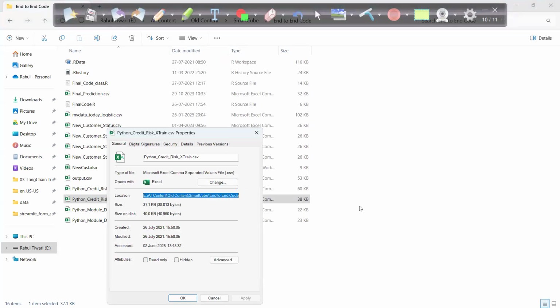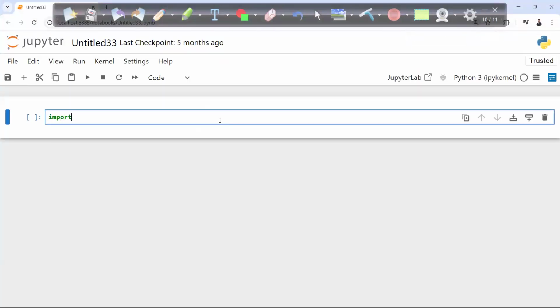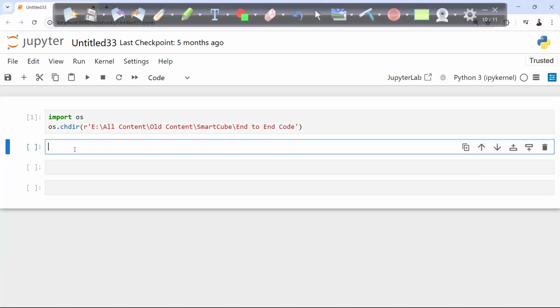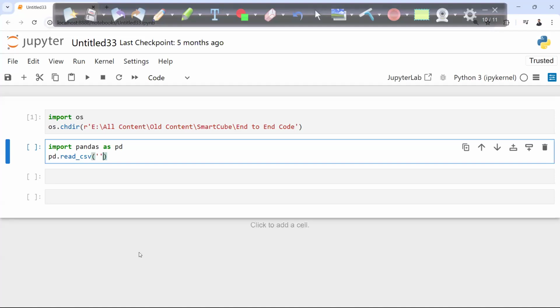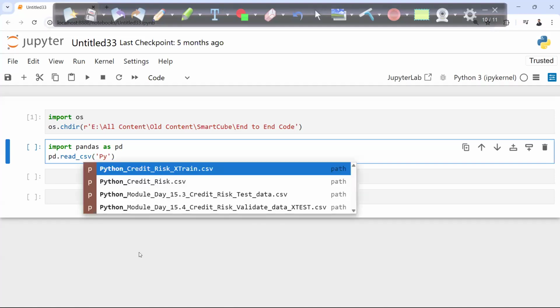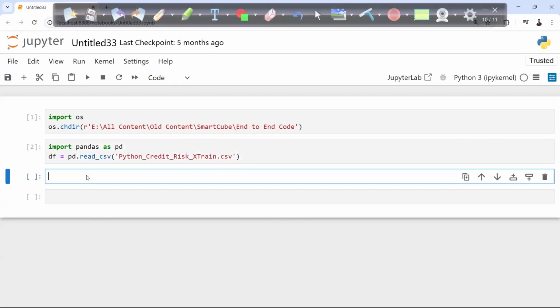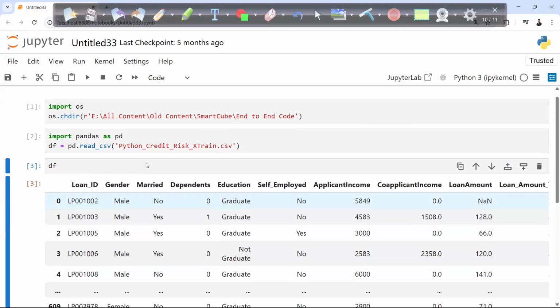So let's say I'm taking this data. Right, so here you can see that the data is coming in.